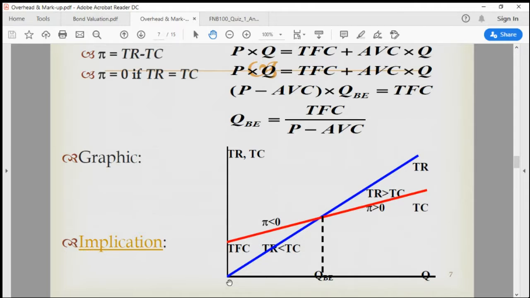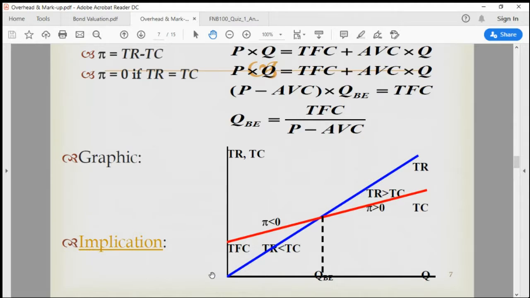Revenue starts from zero because when you sell 0 units, the revenue is 0. But cost doesn't start from 0. Even if you produce 0 units, your cost is not 0 because you're already stuck with the total fixed cost, right?